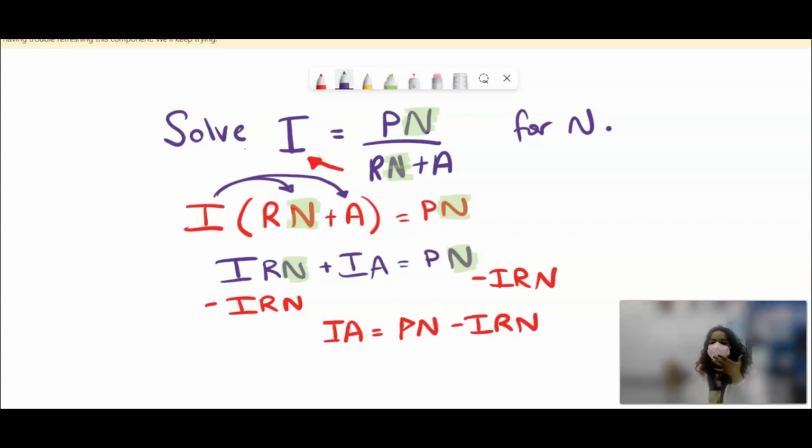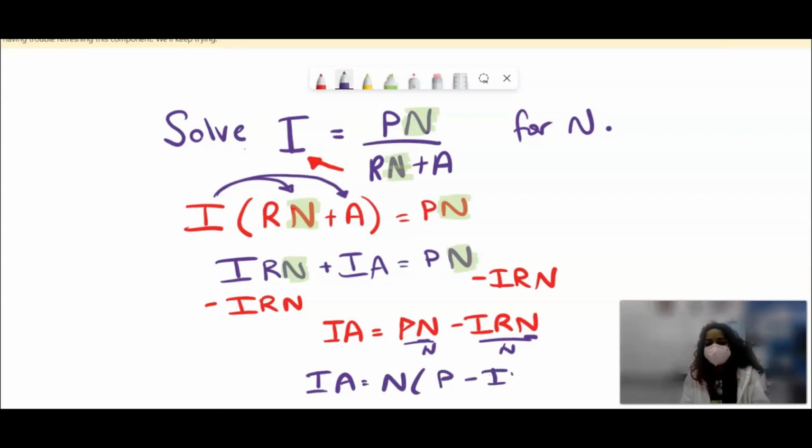All right. Now, I've got the same variable in two terms, right? And I want that variable by itself. So what am I going to do? Do you guys recognize that I can factor it out? That means I can divide everything by n and just pull it out here. So IA equals n, and then what's left is P minus IR.